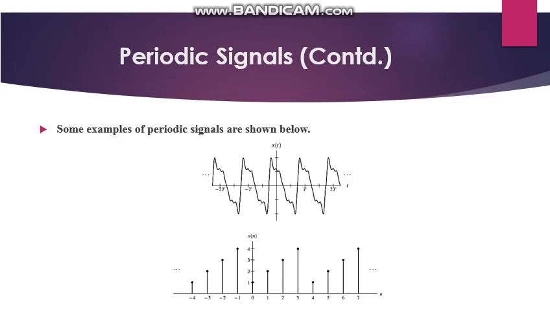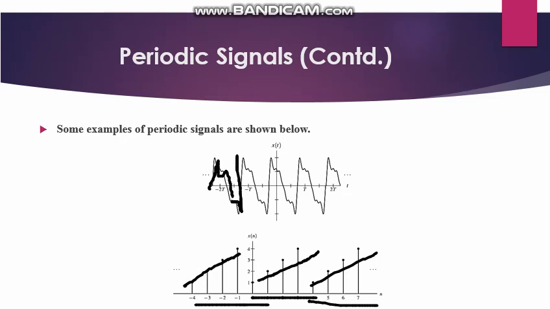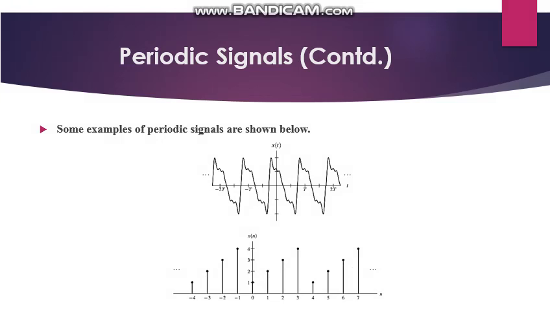The sequence is the same throughout, with the same interval from -4 to -1. That means after four samples, they get the same pattern. In an analog signal, the pattern is the same, for example minus t or minus t by 2t, so they get the same thing. So that is the periodic signal.